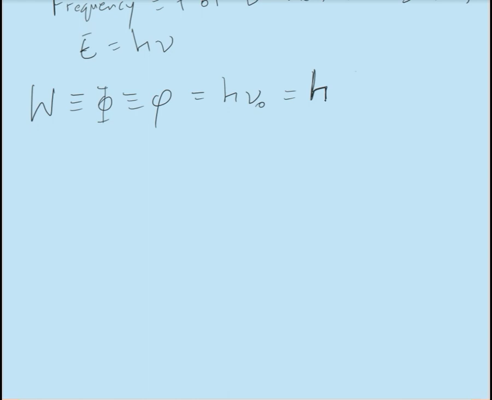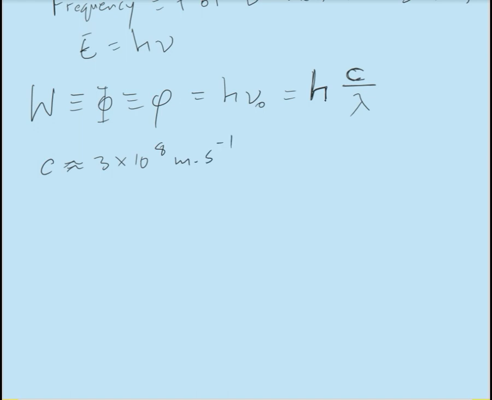frequency is the speed of the wave, and the speed of the wave is c. Because we're dealing with electromagnetic radiation, the speed is always c divided by the wavelength. Now c is the speed of light, or the speed of electromagnetic radiation, which is approximately 300 million meters per second.